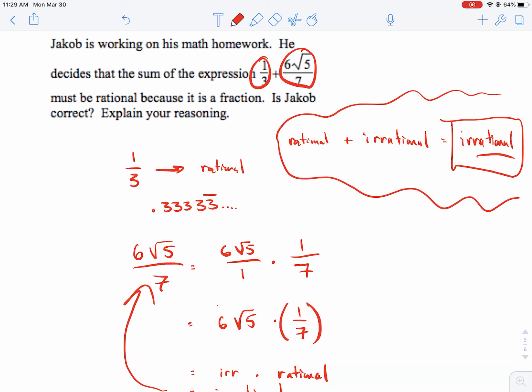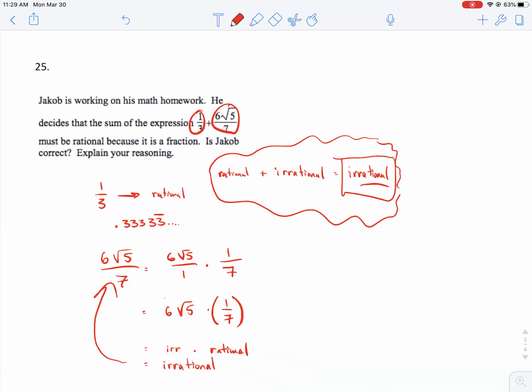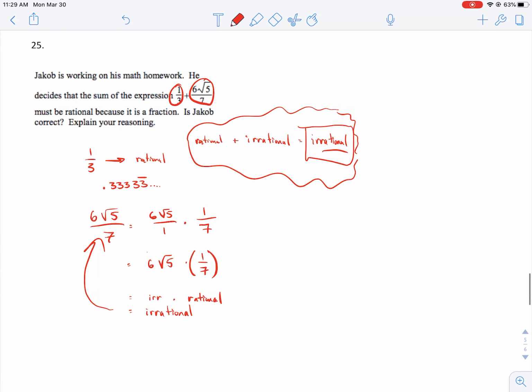And so that wraps up your number types and properties for week 1.